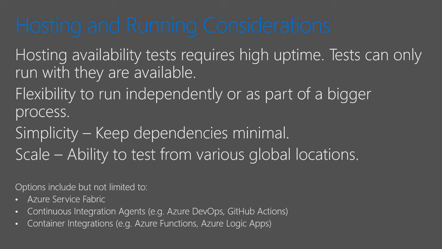For flexibility, you want to think about making it modular, able to run on various workloads. If I say I want an availability test that can run on Windows, Linux, or wherever, think about how you could build a test or use a service like Azure Application Insights that would give me that flexibility. Why we like App Insights is it provides an SDK, which is great if you're on Windows workloads or .NET Core if you like working in .NET.